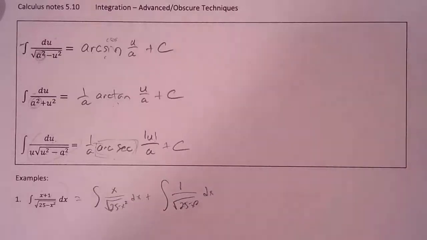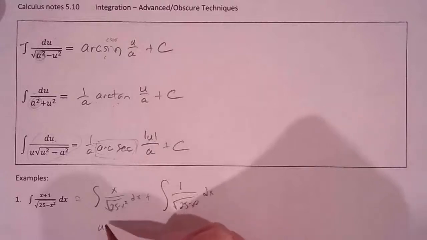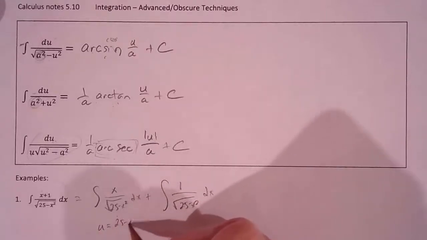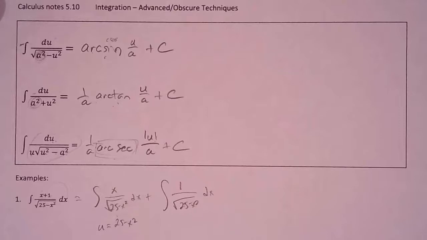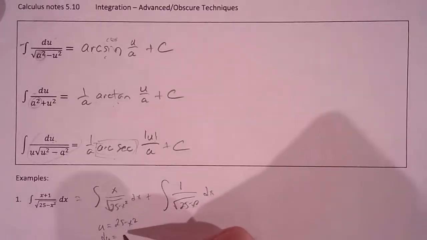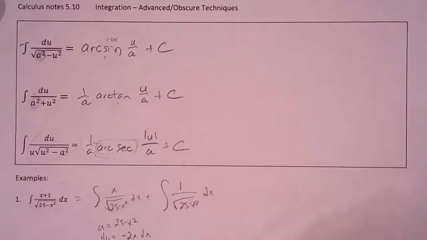If you can't use power rule, u sub is always a good path of least resistance to try first. If I were to do u sub with this integral, I would probably let it equal the denominator. And then du would just be negative 2x dx.